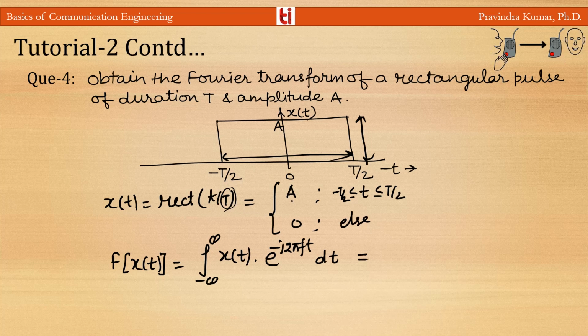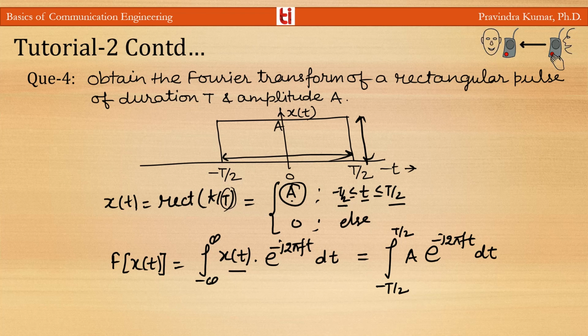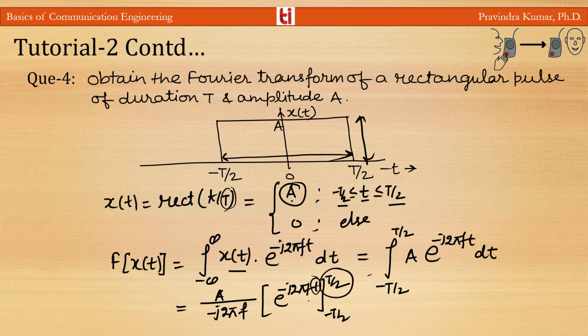Or here I can write, because t is only between -T/2 to +T/2, it will be the integration from -T/2 to +T/2, x(t) will be here A, and e to the power minus j 2 pi f t dt, or I can write this as A by minus j 2 pi f, e to the power minus j 2 pi f t, and the limit is minus T/2 to T/2. So we can put the limit of value of t here.